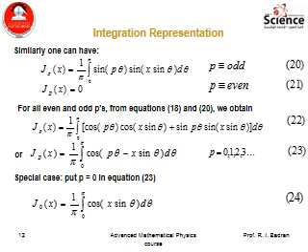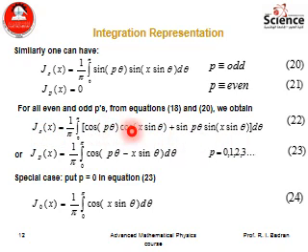In a similar manner as before, we can get an expression for J p as well from 0 to pi of sine p theta sine of x sine theta when p is odd, while that equals 0 for p even. Now, combining all these for even and odd values of p from equations 18 and 20, we can obtain a global form for J p of this form.